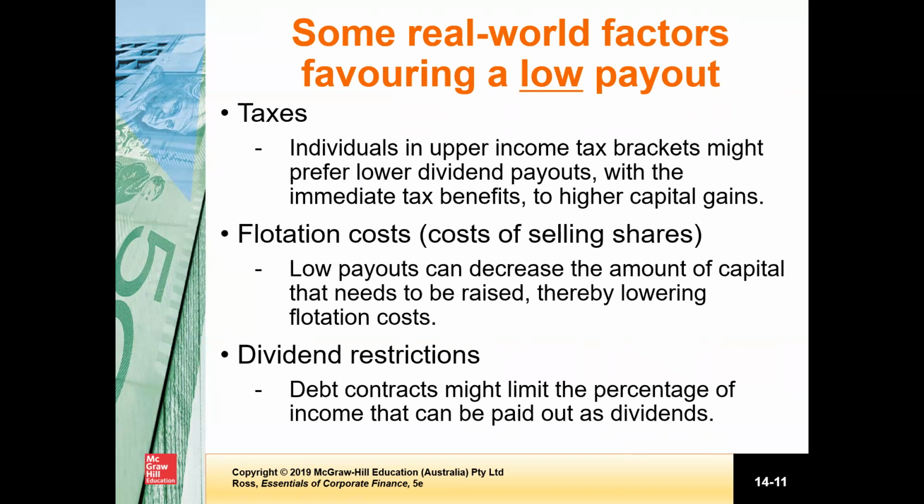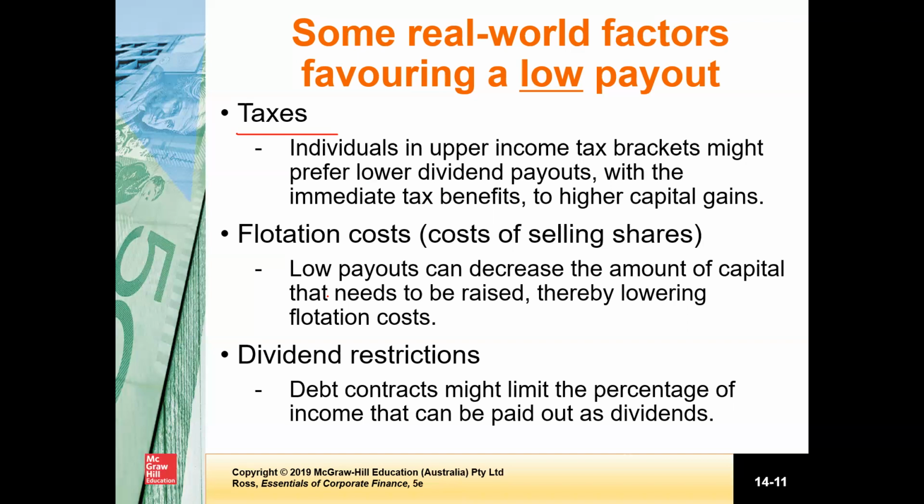Tax laws are complex, either in Australia or elsewhere, and they affect dividend policy in a number of ways. The key tax feature has to do with the taxation of dividend income and capital gains. Under a classical tax system, it is quite common for the tax rate applied to capital gains to be less than the rate that applies to dividends.